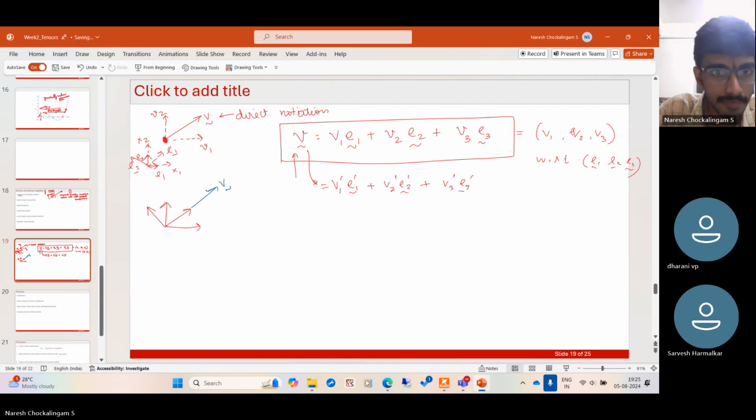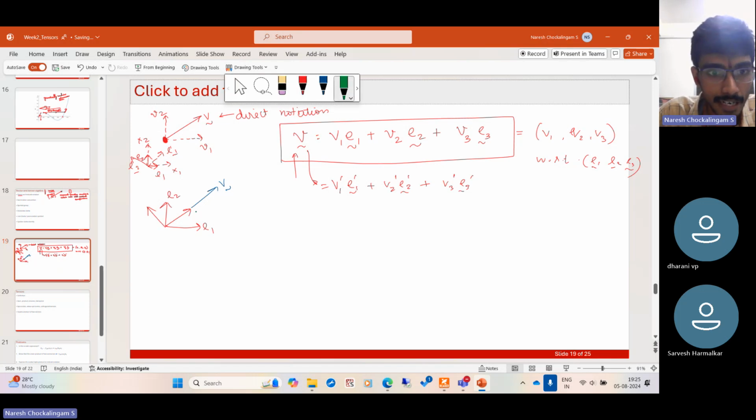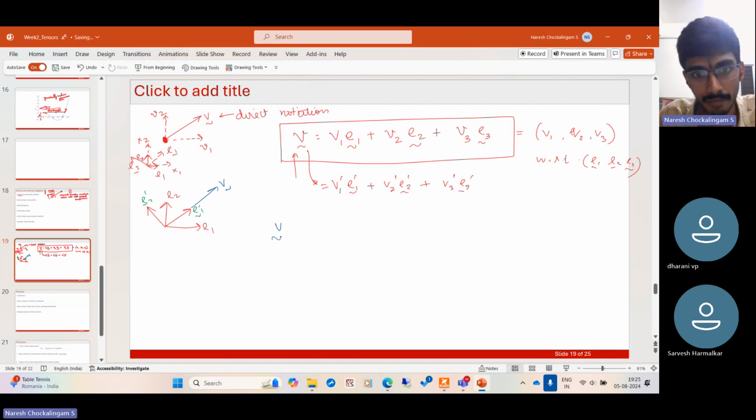So let me write this red one as e1, e2, and the rotated one as e1 prime, e2 prime. In the red coordinate system, the vector v is v1 e1 plus v2 e2.